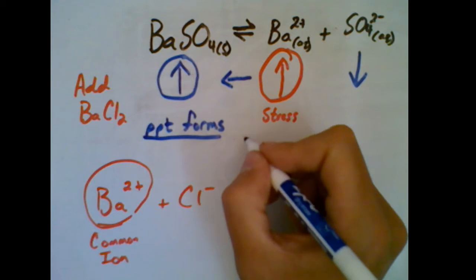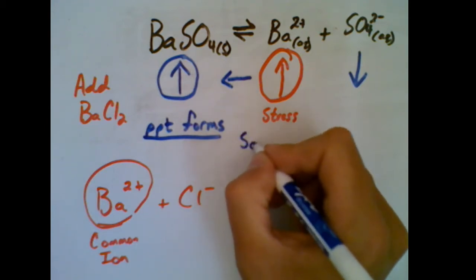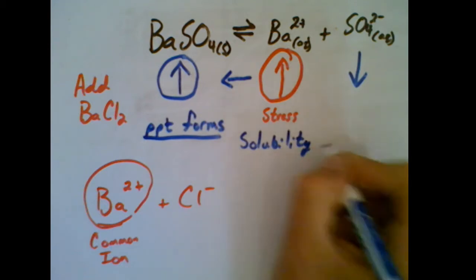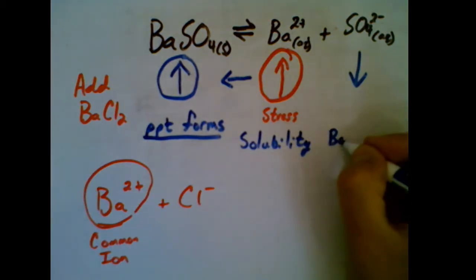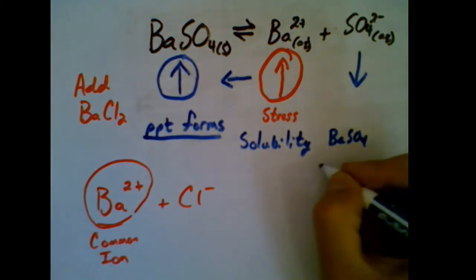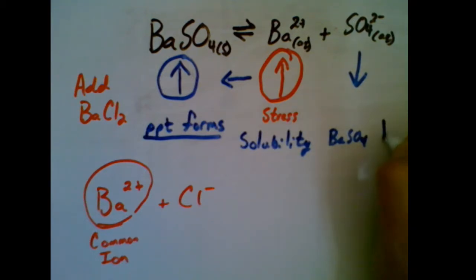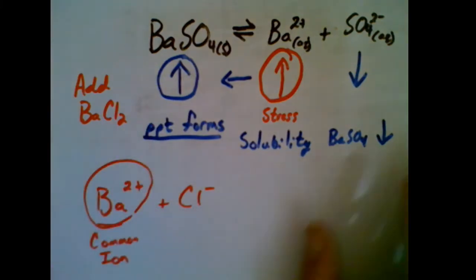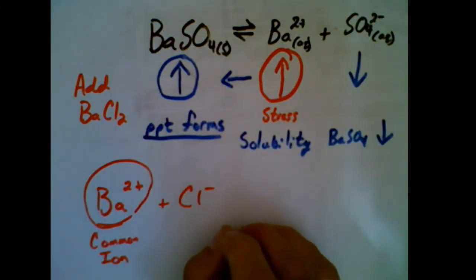What we would say here is that the solubility of BaSO4 is going to decrease. And basically that's just a way of saying that it is going to precipitate out of the solution. So this is one example of how the ion effect, or the common ion effect, actually affects the solution.